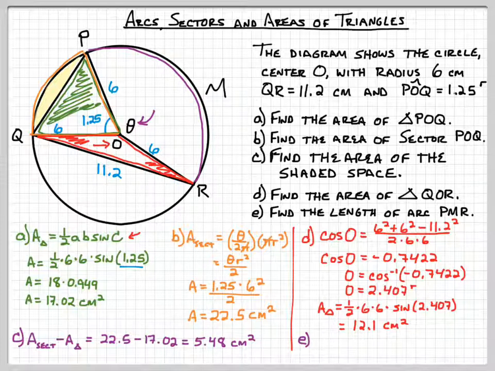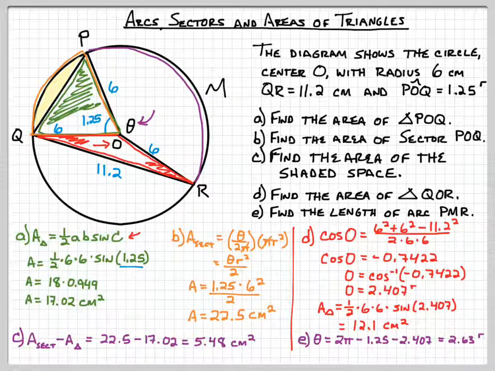Arc length is a proportion of the circumference, so we do the same thing as in letter B. We say theta is equal to 2 pi minus 1.25 minus 2.407, and that gives us 2.63.